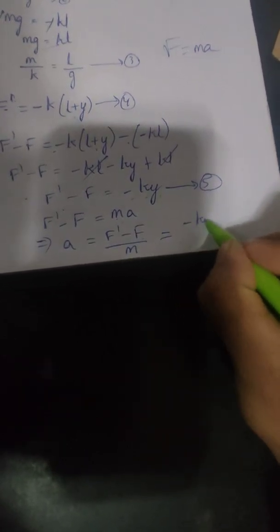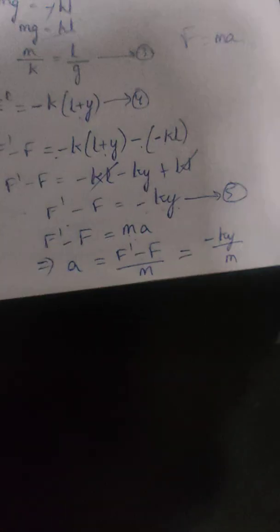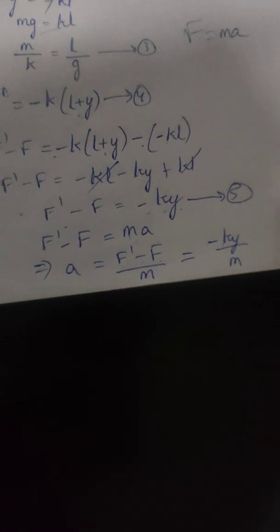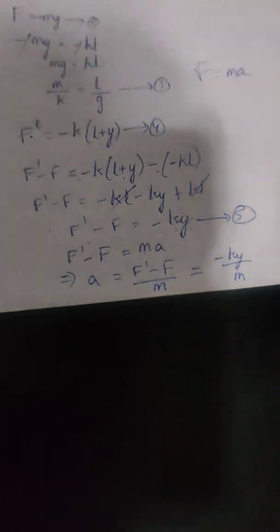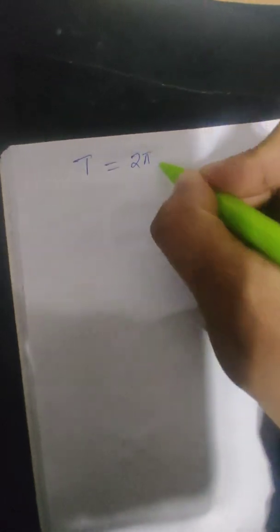So a is minus KY by M. Now if we look at the previous video, this is the third video for oscillation, and if you look at the second video, part 2 of this oscillation, we have already derived the time period of simple harmonic motion. Time period of simple harmonic motion is given by 2 pi root y by a.